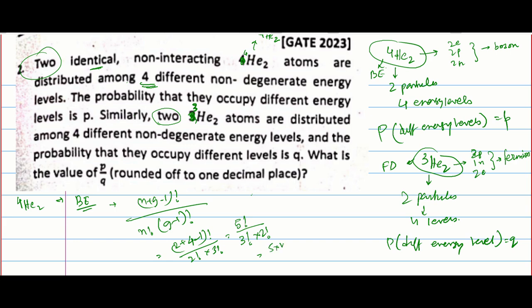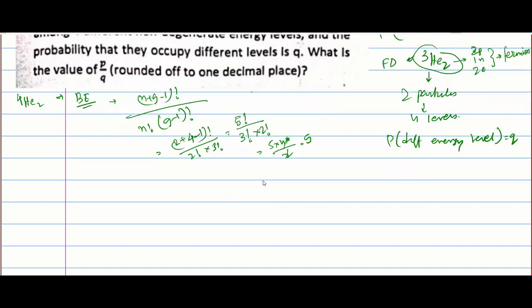So 5 into 4 divided by 2, which is 10. Or am I making a mistake? 6 minus 1, 5 factorial.